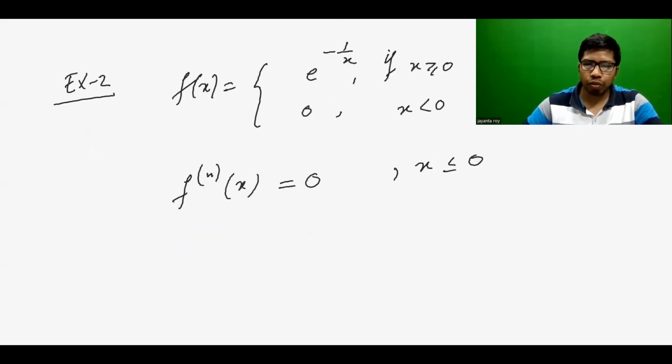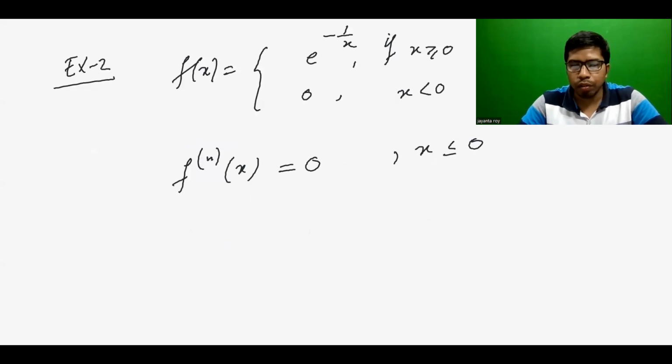But we can say that the uniqueness theorem shows that this is not the case for a function of a complex variable. So if we consider a real variable, then we get one function whose nth derivative at that point is 0, but it is not identically 0.